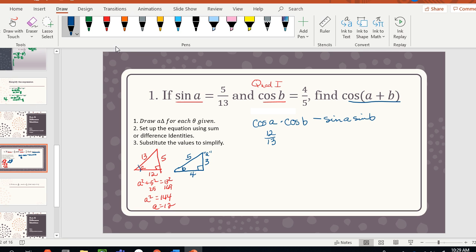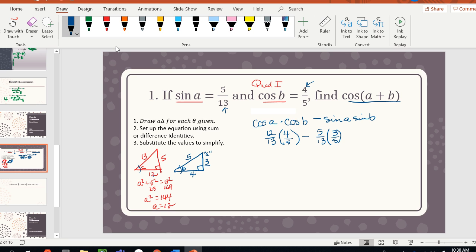My cosine of B, going to B, it's 4/5. Besides, it tells you right here, cosine of B is 4/5. So times 4/5, minus sine of A, which it gives you here, or you can go back to opposite over hypotenuse, 5 over 13, times sine of B, which is 3 over 5.